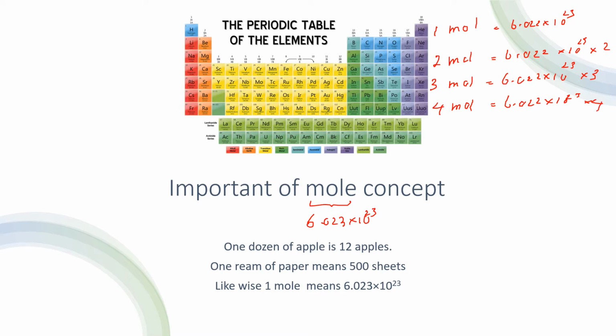You can see now the number in 4 moles means 4 times the Avogadro constant. So this number is also called the Avogadro constant. Okay.